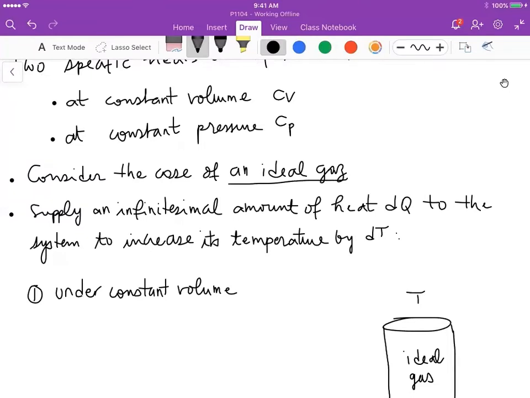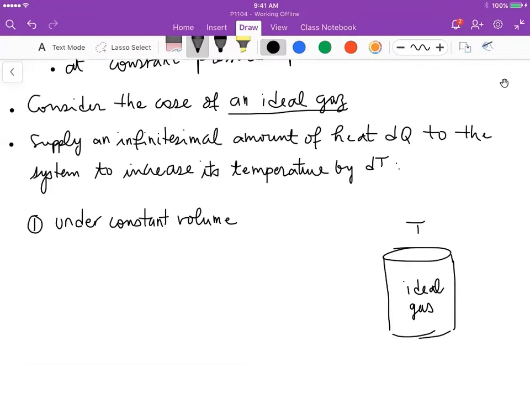So we will consider first our ideal gas inside a container, and we will supply an infinitesimal amount of heat dQ to this substance in such a way that the temperature is raised by a given value dT.